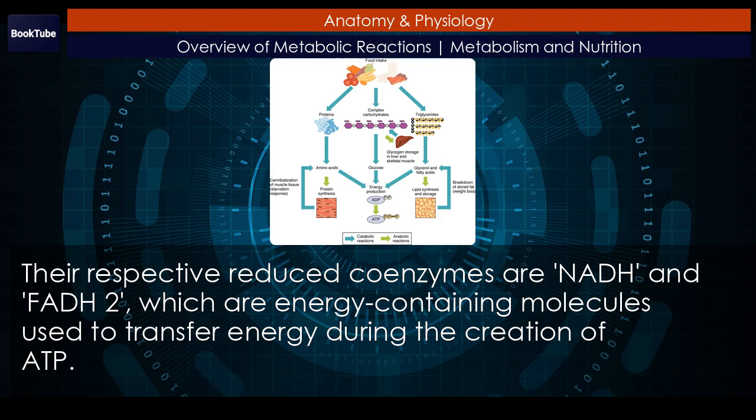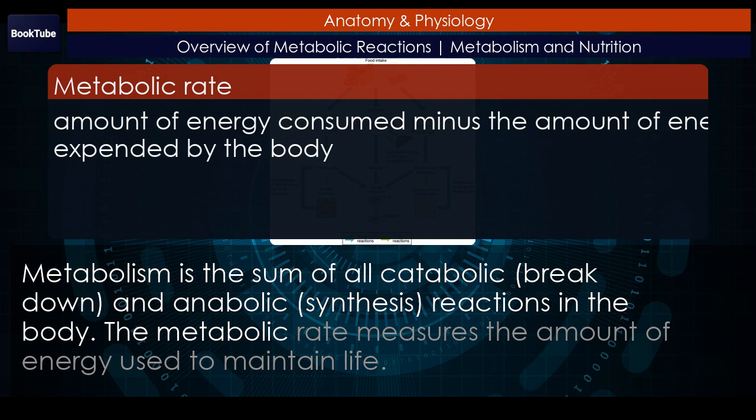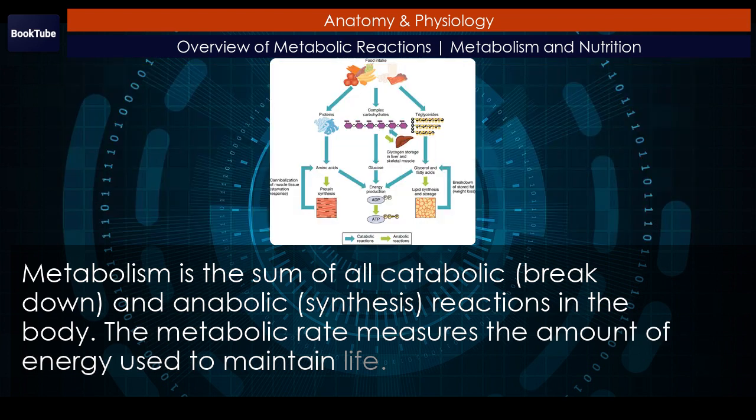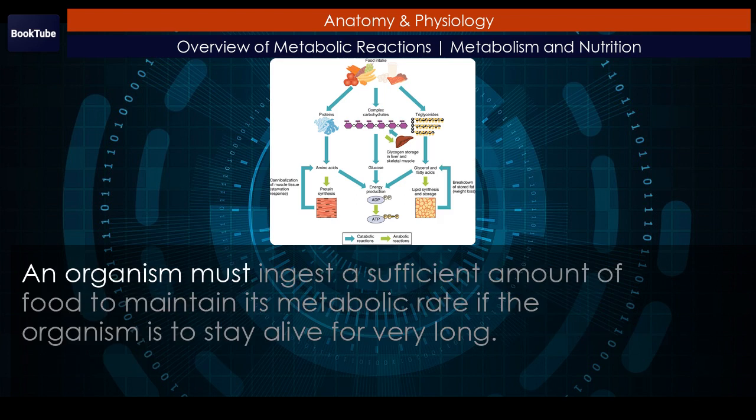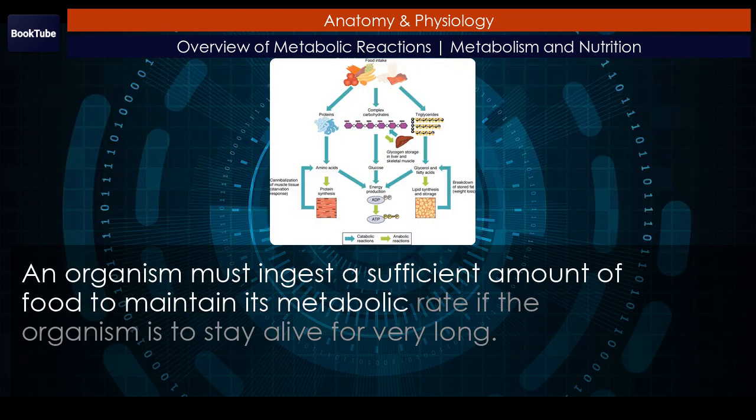Chapter Review. Metabolism is the sum of all catabolic breakdown and anabolic synthesis reactions in the body. The metabolic rate measures the amount of energy used to maintain life. An organism must ingest a sufficient amount of food to maintain its metabolic rate if the organism is to stay alive for very long.